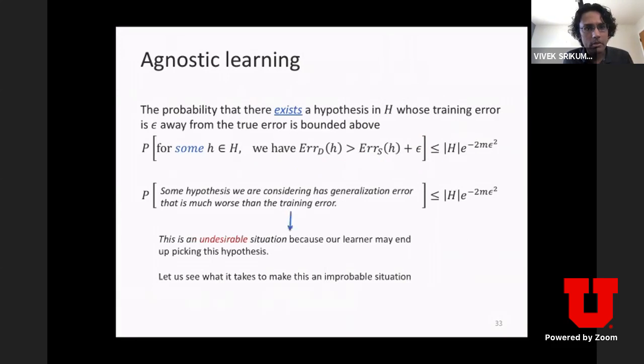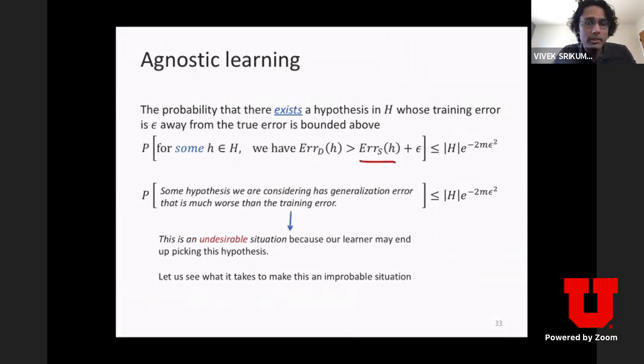This is undesirable because it means there's at least one classifier in the set of functions we are considering that is terrible. And who knows, maybe our learning algorithm, because it is not really great, ends up picking this classifier, and our training error is no longer a good enough estimate of generalization.